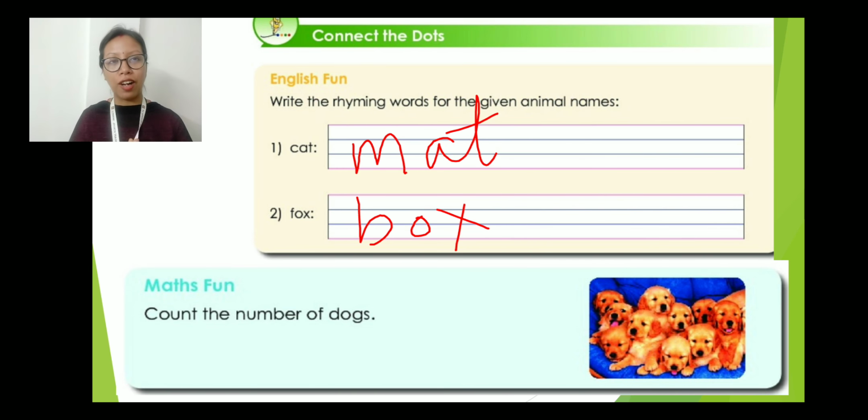Try to find out the number of dogs, and also mention the different types of animals. This is a test for yourself. Try to test how much you have understood. Test it on your own, and then when I give the answers in the Google Classroom, try to match it and find out whether it is correct or incorrect.